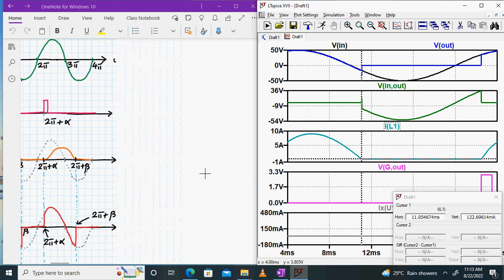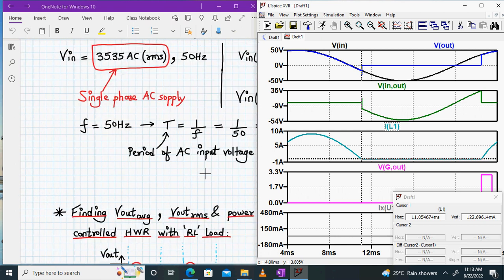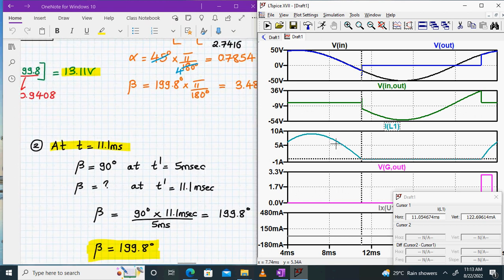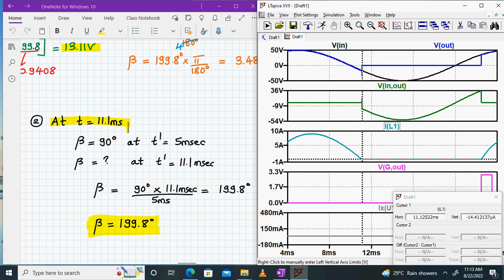So for a time delay of 11.05 milliseconds, I have to calculate the value of beta. 11.1, it's up to us how we take it. Okay, here it is 11.12, right? So at t equal to 11.12 or 11.1 milliseconds, we have to calculate the value of beta.